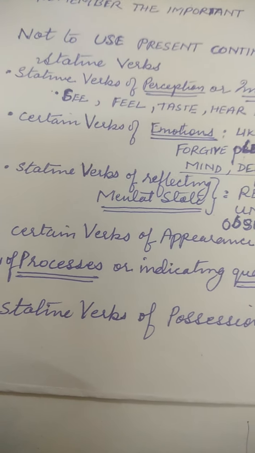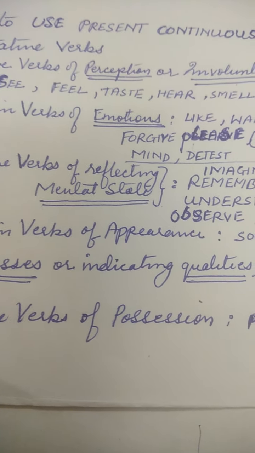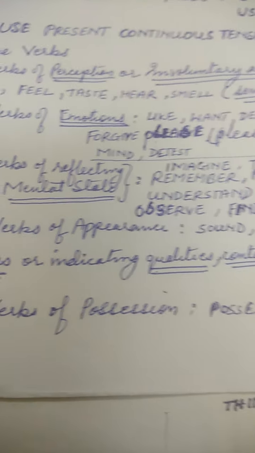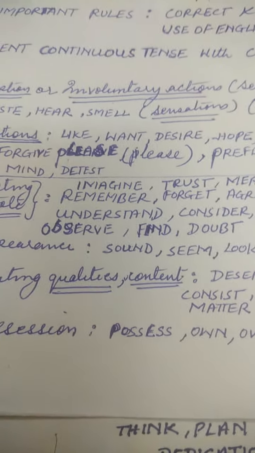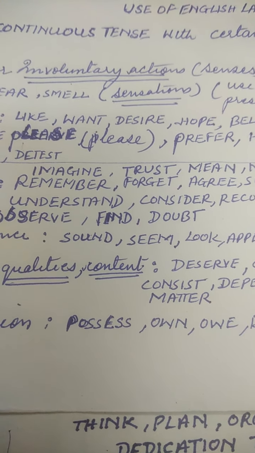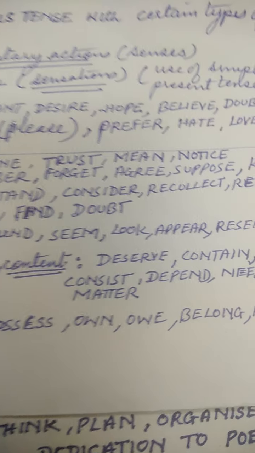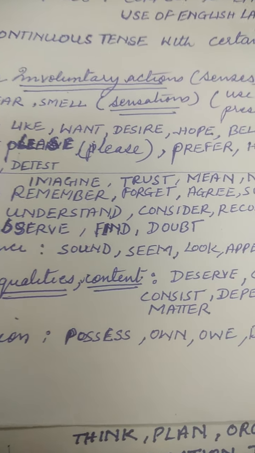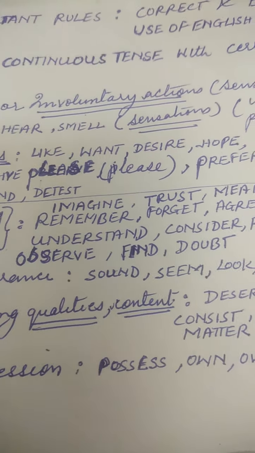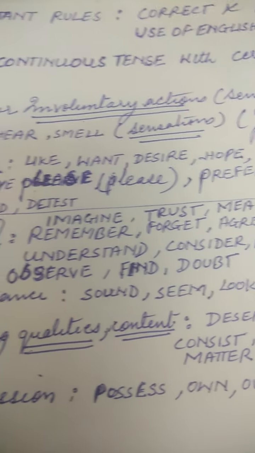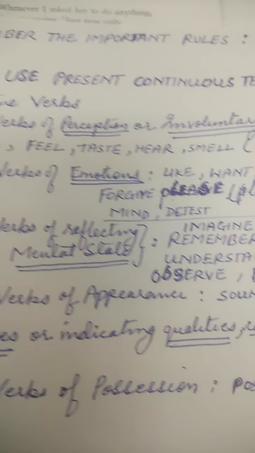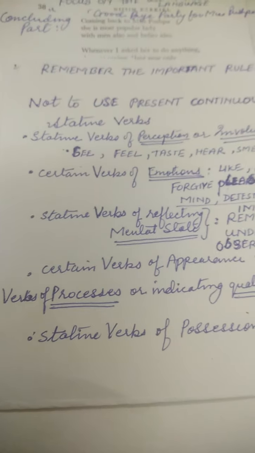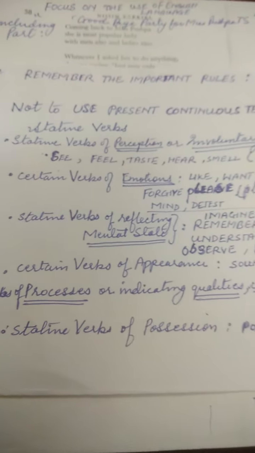Then we have stative verbs reflecting some mental state also. This is the third kind, mental states. For instance, as we discussed earlier, remember, understand, consider, and recollect. With those also you avoid the use of present continuous. So it must be clear to you. Observe and find: under which category? At this level, MA level, you should know under which category we have this.